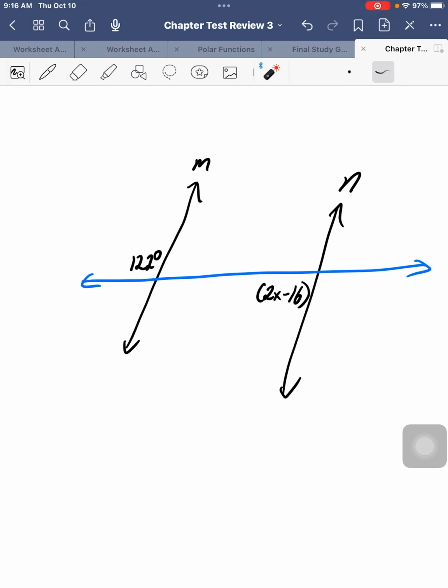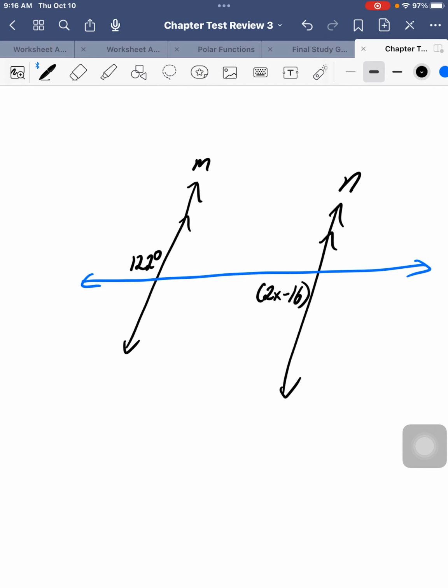But remember what I told you, math is very subjective. We can decide how we're going to view things. So can I easily say that this angle here and this angle right here would be 122? Because if I already know that it's saying that I want M and N to be parallel, right?